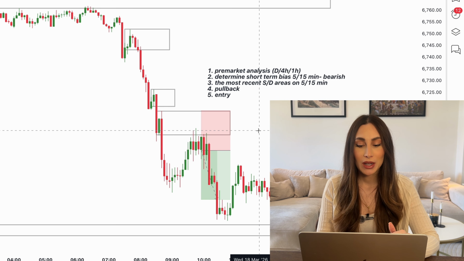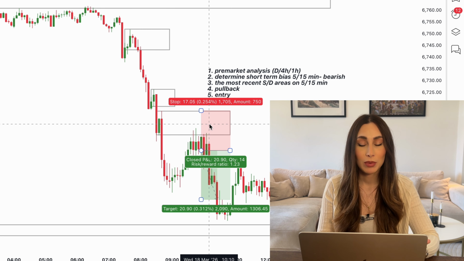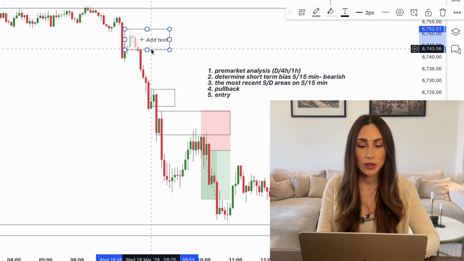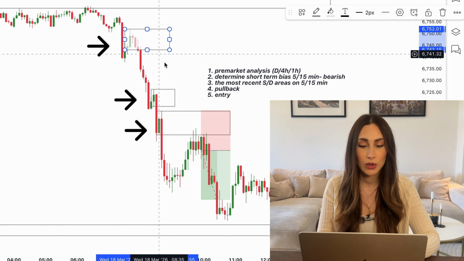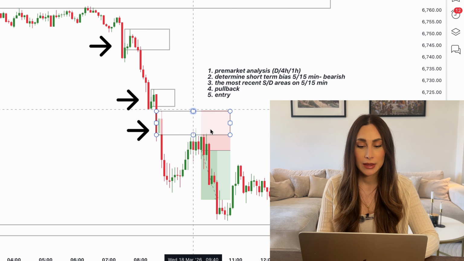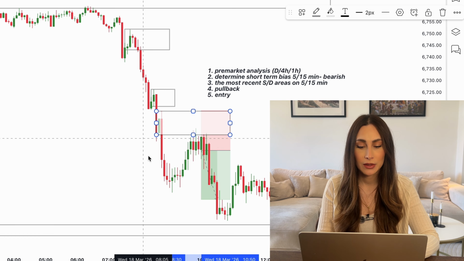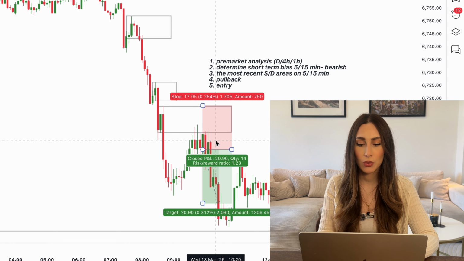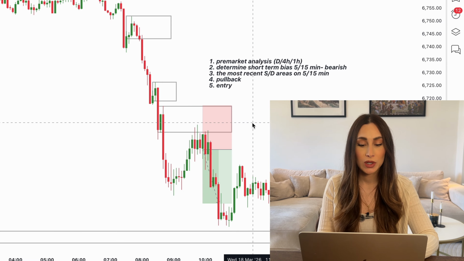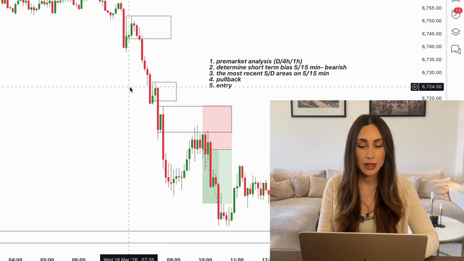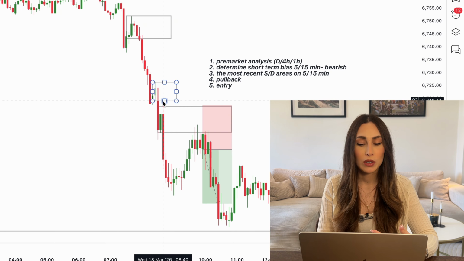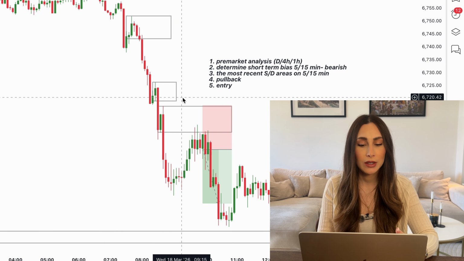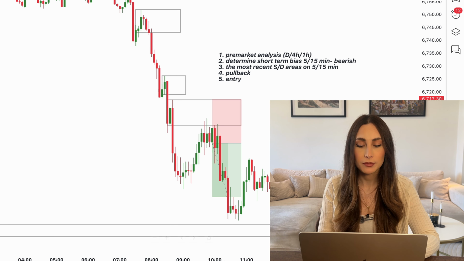So you marked out all most recent supply areas. For me, that was this area, this green candle up here, then this one, and the third one after we got another break of structure continuation. That was my most recent supply area on 5-minute, and I was just waiting for the price to pull back into either one of these areas.